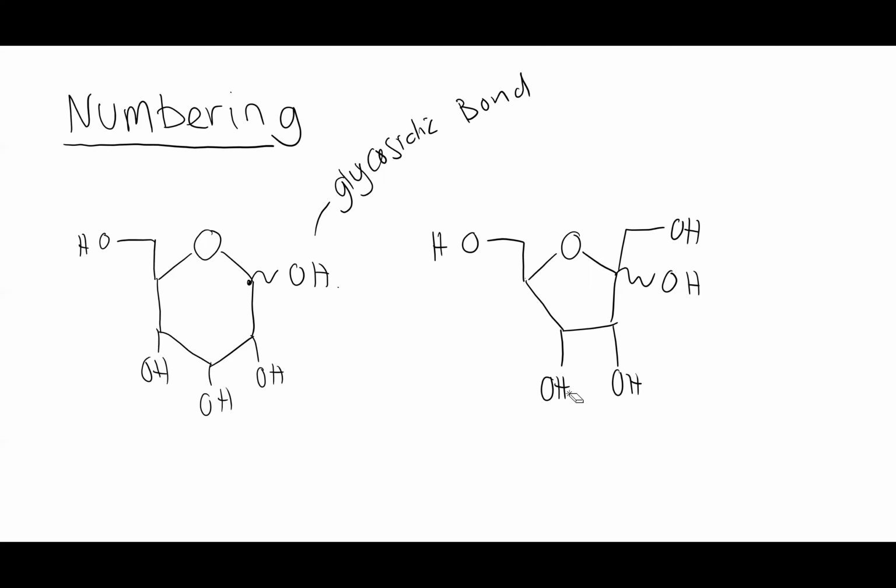As noted, this can happen between any 2 points where there are oxygens. So for example, if I was to form a bond as shown between my anomeric carbon's OH group and this OH group down here, what you would see is something like this.